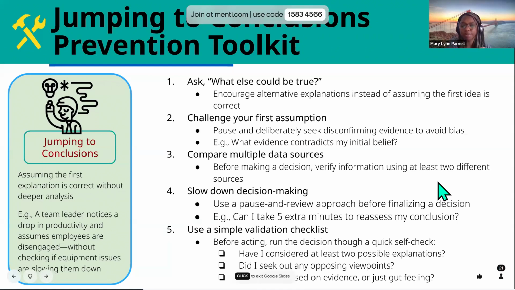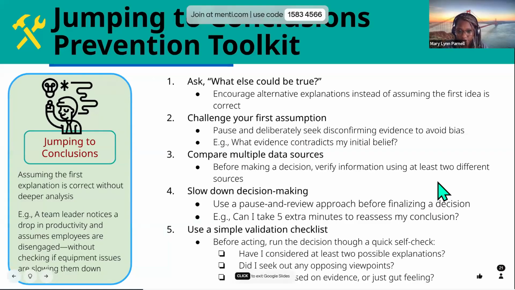What can you glean from what's happening so that you can see the issue at hand? And then not being afraid to slow down our decision making process. Using a pause and review approach before finalizing decisions would be really helpful. Taking 5 extra minutes to reassess your conclusion.